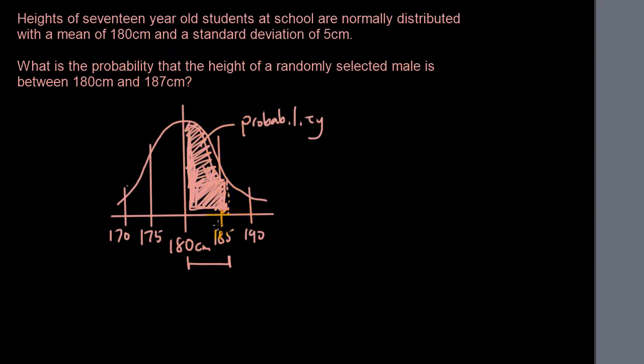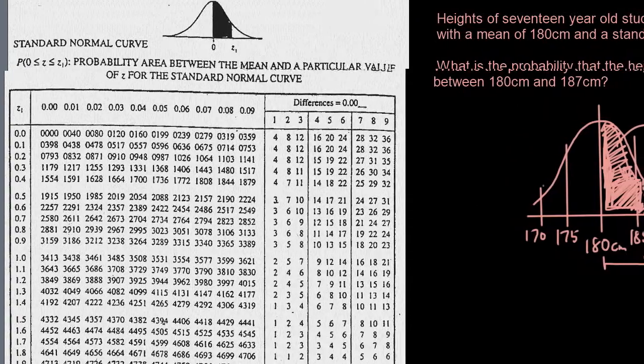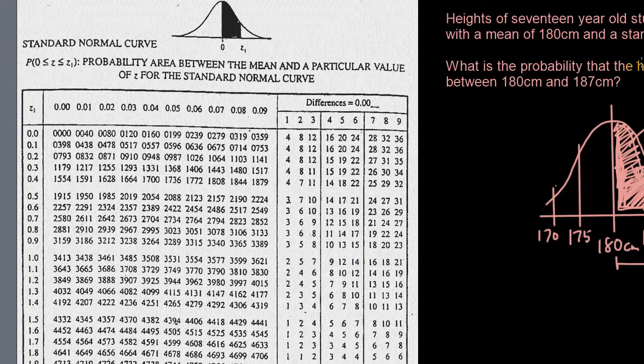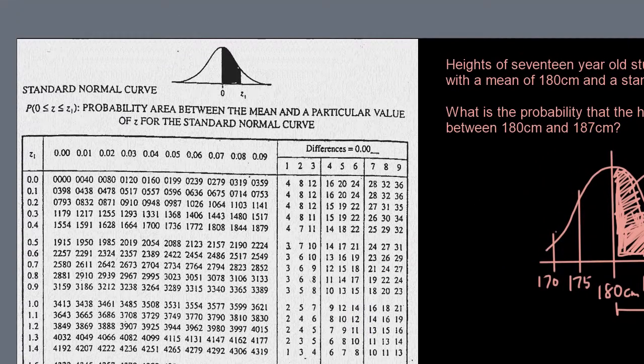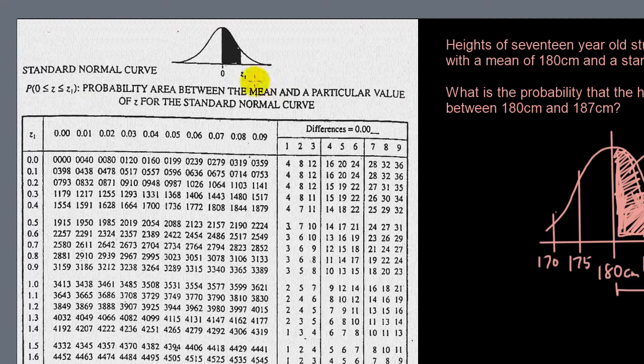But how do we find this area? Well, if we have a look at this table, this table is called the standard normal table, standard normal curve. And it tells you the probability between the mean and a certain z-score.